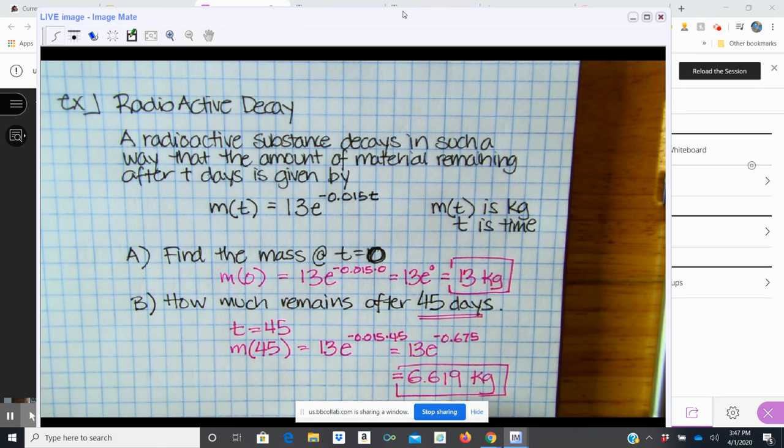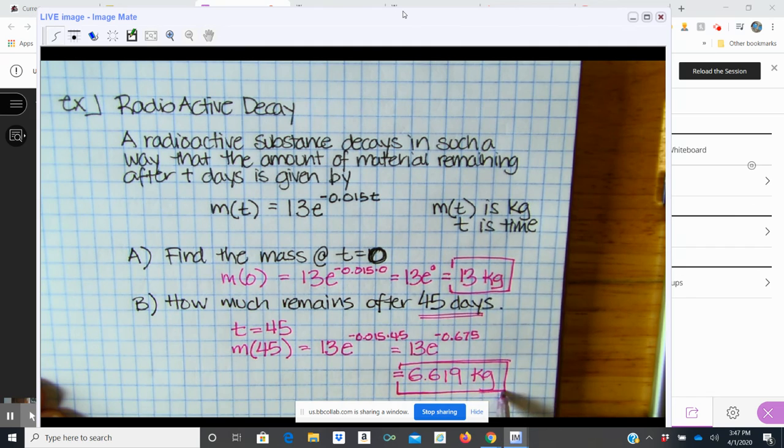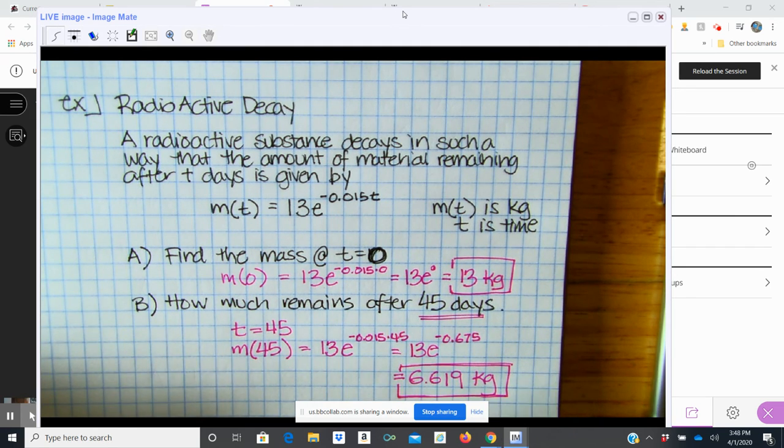So I knew I had done something wrong. And because I know myself, I knew I had probably forgotten a negative when I typed it into the calculator. And that's exactly what had happened. Okay.